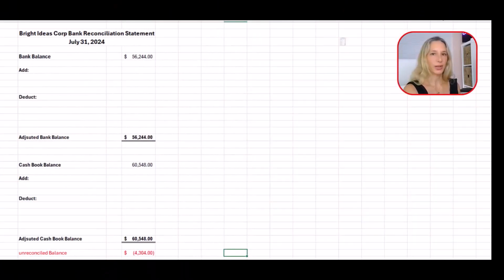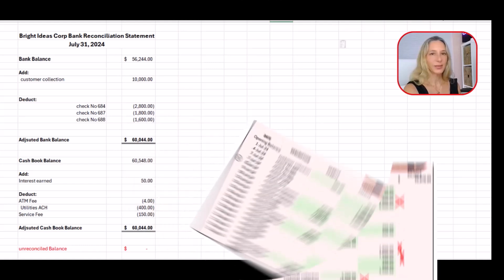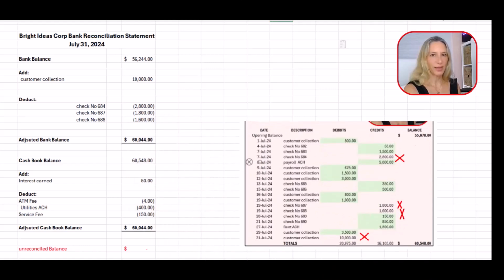Now we enter in the top portion of our template the transactions in our cash books that are not in the bank. This will adjust the bank balance we have previously entered. We add customer collections in the amount of $10,000 that we have recorded in the cash account in the accounting books that do not yet appear in the bank. These are deposits in transit, an example of a timing difference.